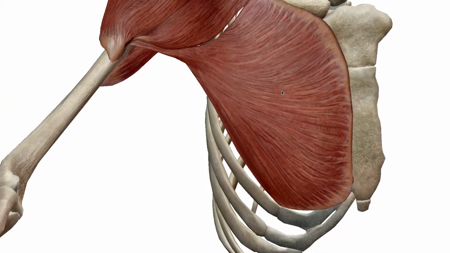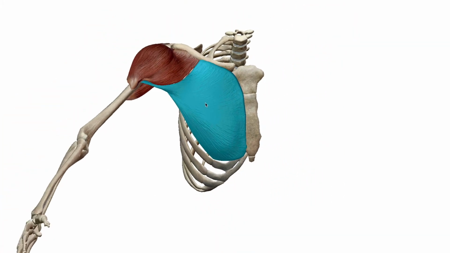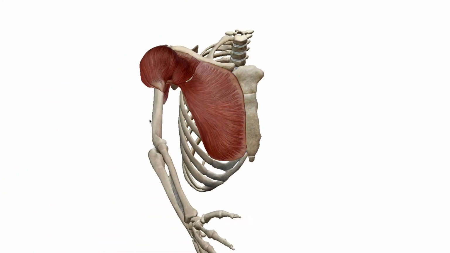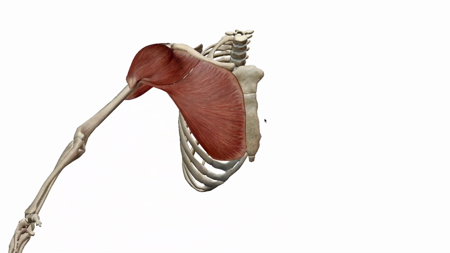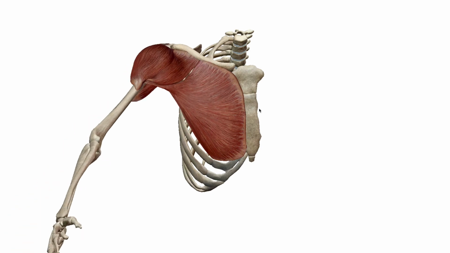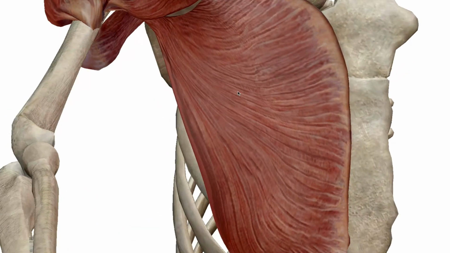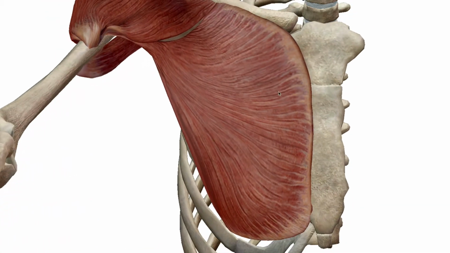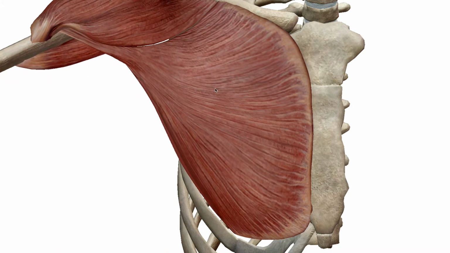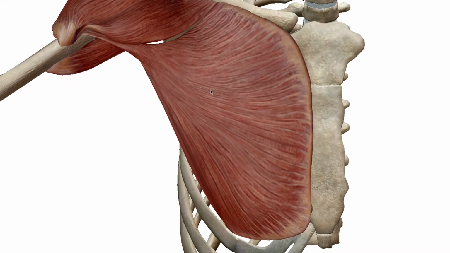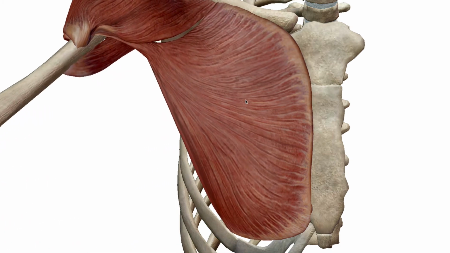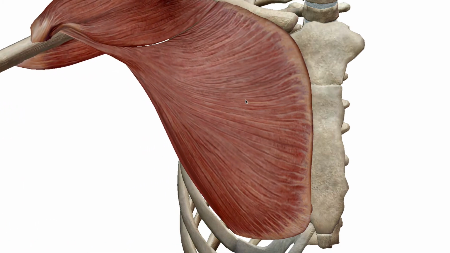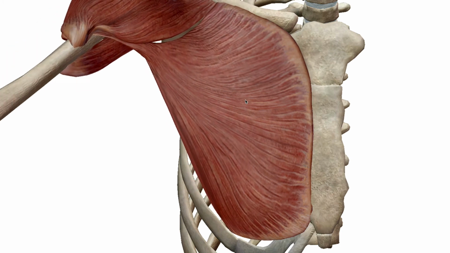When you're looking at the movement, you'll see that it's adducting the shoulder, pulling it towards the medial line of the body. And as you can see here, the direction of the fibers is one direction in which the arm is pulled when the belly is contracted. So this is the normal contraction when the muscle is shortened, right? And then this is the eccentric contraction when the muscle is being elongated.